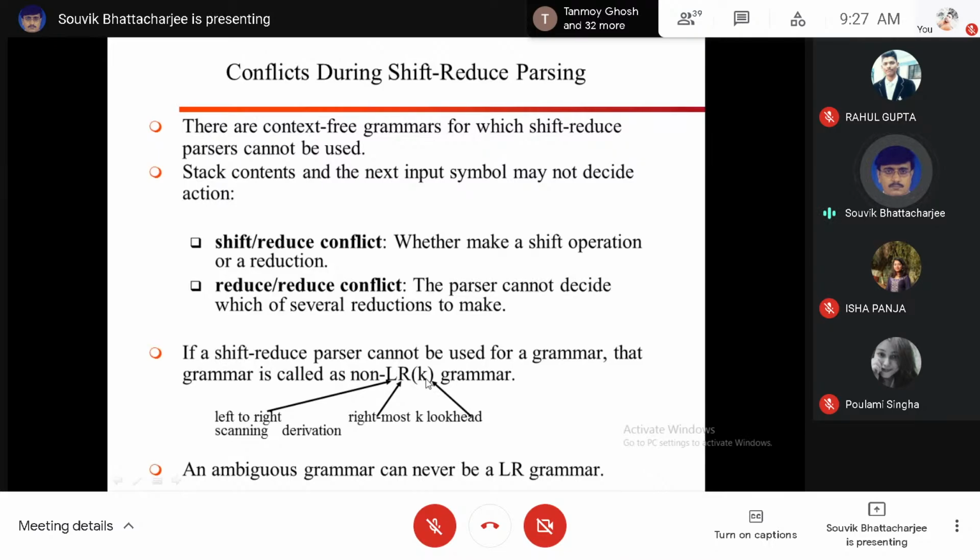One is the operator precedence parsing and another one is the LR parsing. And LR parsing may be SLR, LR as well as LALR. And one thing you must remember, any ambiguous grammar cannot be parsed with the help of the LR grammar.